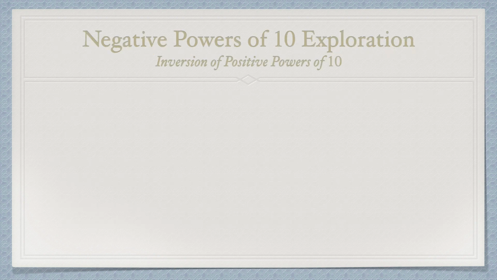And now let's invert positive powers of 10 to get negative powers of 10. 10 to the power minus k, with k a positive integer, is read 10 to the power minus k and is equal to 1 over 10 to the power k.